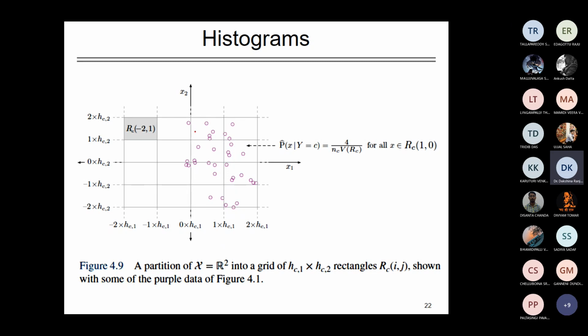First we get the distribution of data points, then we get this partition of grids, then we get the number of rectangles on this grid, and for each rectangle we will get this estimation.